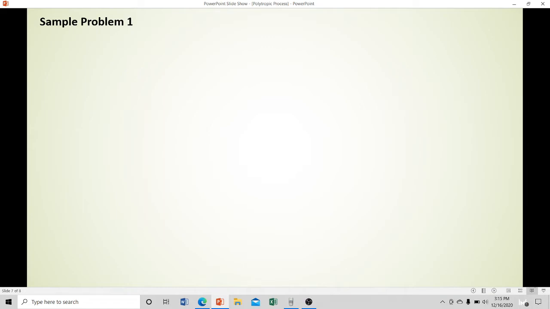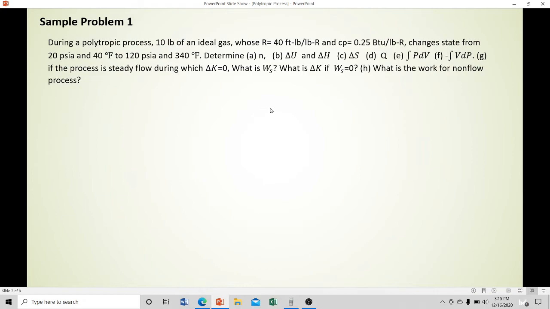So let us have an example. During a polytropic process, 10 pounds of an ideal gas whose R, or gas constant, is equivalent to 40 foot-pounds per pound-Rankine, and Cp is 0.25 BTU per pound-Rankine, changes state from 20 psia, or pounds per square inch, and an initial temperature of 40 degrees Fahrenheit, to the final state with pressure 120 psia and a final temperature of 340 degrees Fahrenheit.